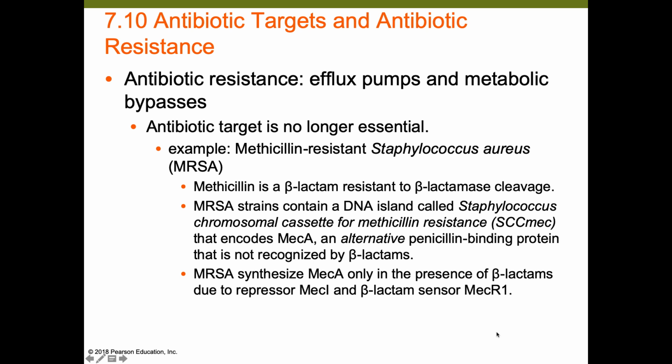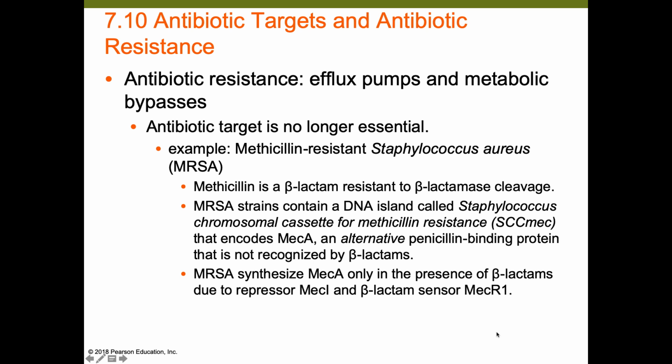Except for the fact that there are now alternative penicillin-binding proteins. So beta-lactam binds to penicillin-binding protein. Oh, shoot, I'm going to die. Oh, wait, I'm MRSA. I have a completely different penicillin-binding protein that beta-lactams can't bind to.